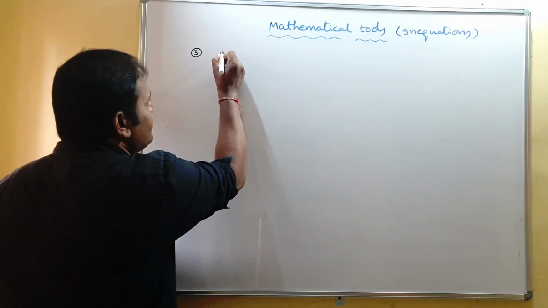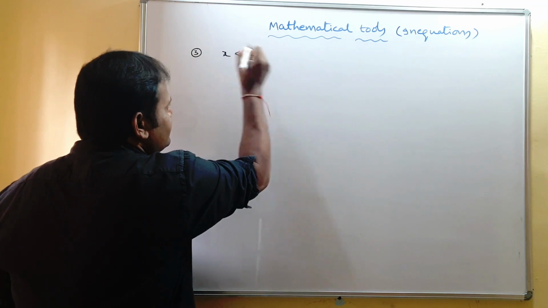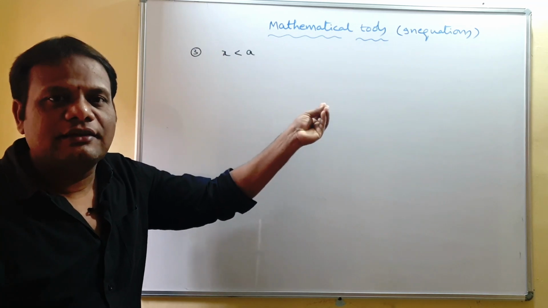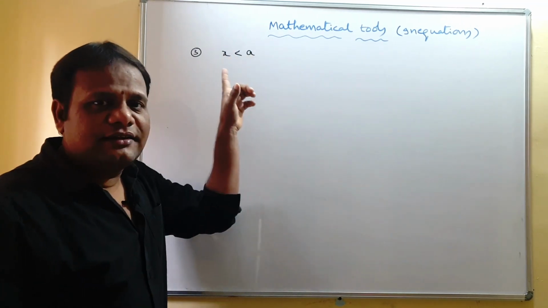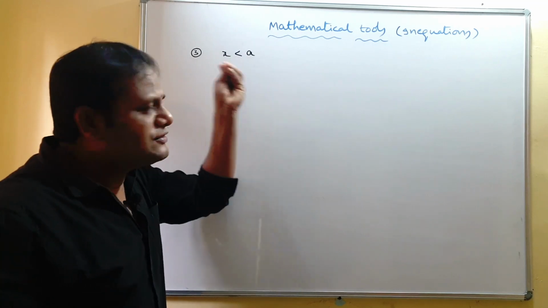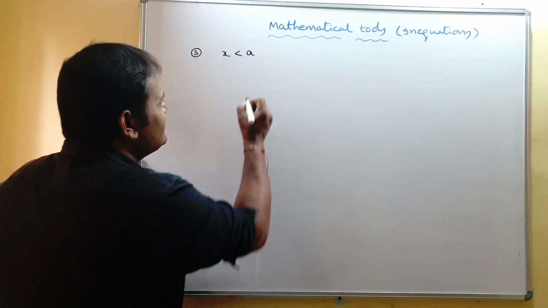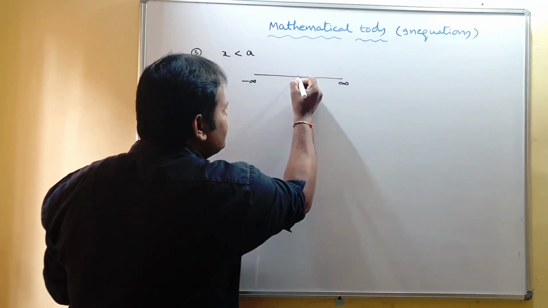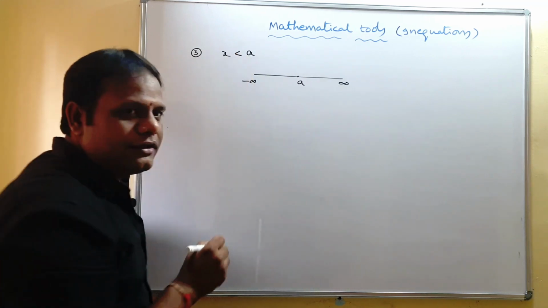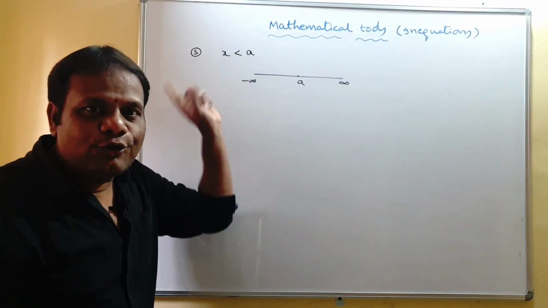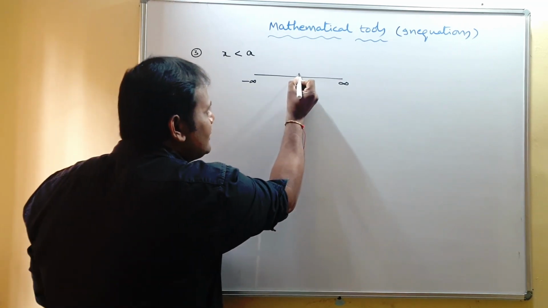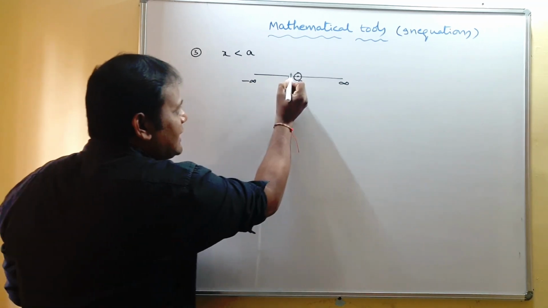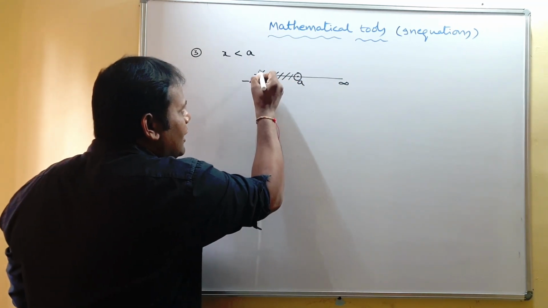To solve the inequation x less than a, or to give solutions which satisfy x less than a, what do we do? Less than a means, are these values left side to a? Yes, all the values less than a means all the values left side to a. Is a included? No. Why? Because there is no equal to sign, so a is not included. So at a you take one open circle. So less than a we want all these values.